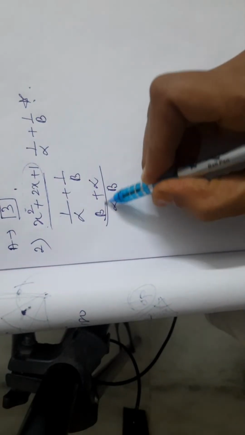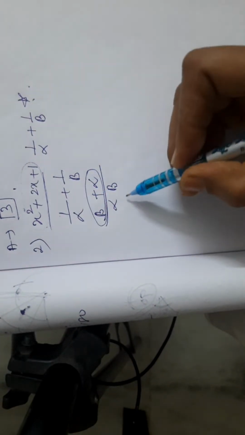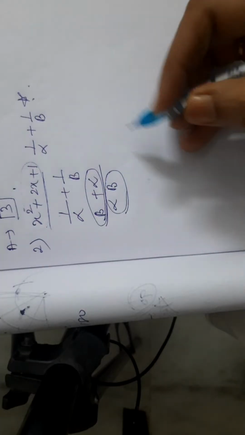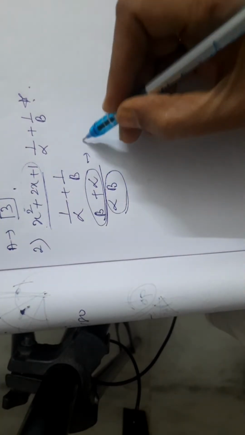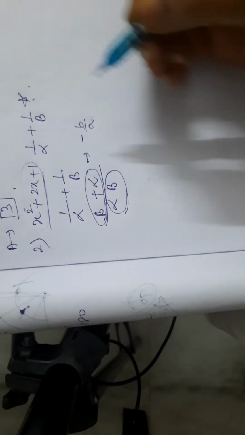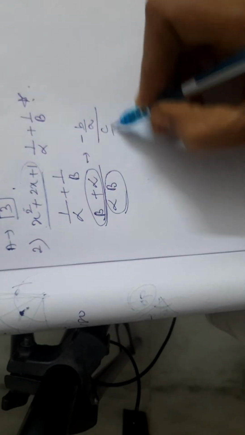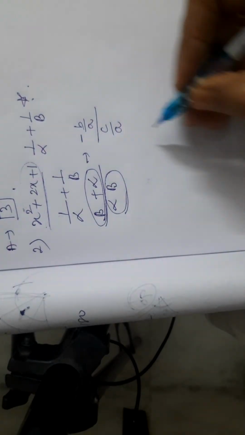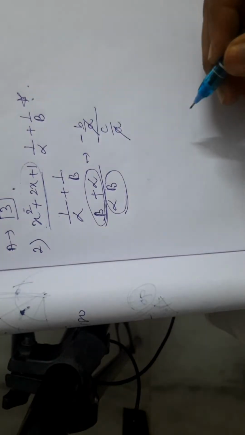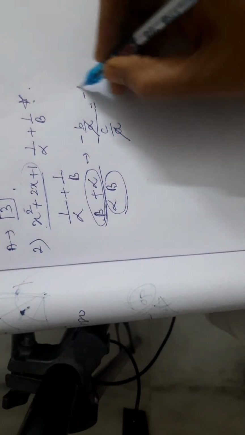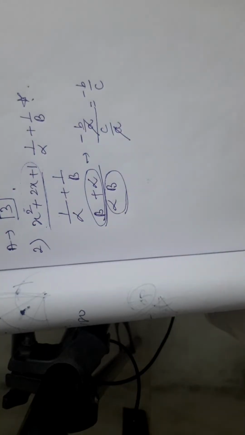So here it is nothing but the sum of zeros and the product of zeros. Most probably all of you know the sum of zeros formula is minus b upon a and the product of zeros formula is c upon a. So both a will get cancelled. Thus the final answer is minus b upon c.